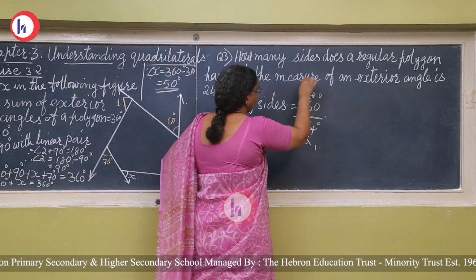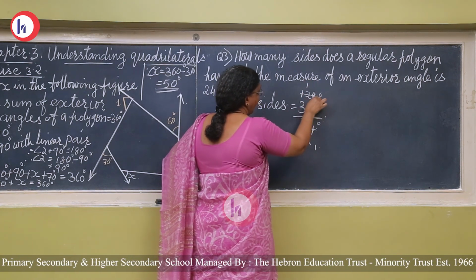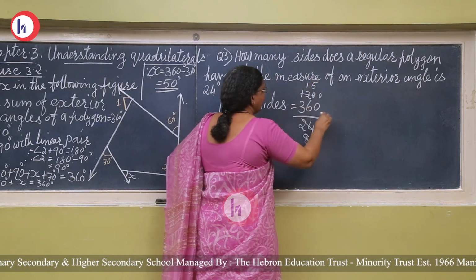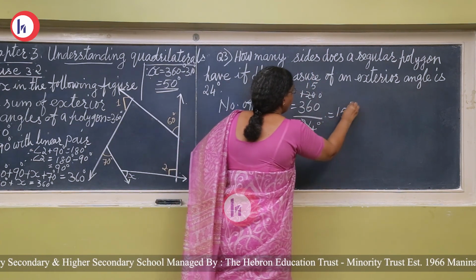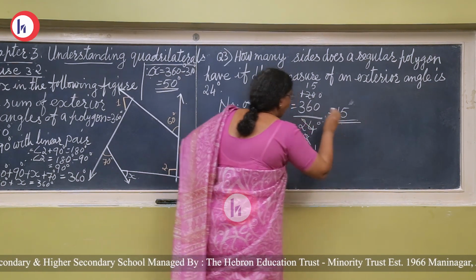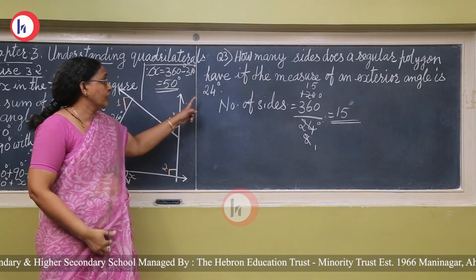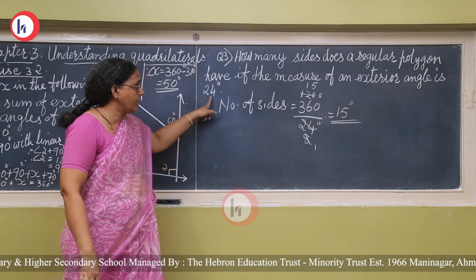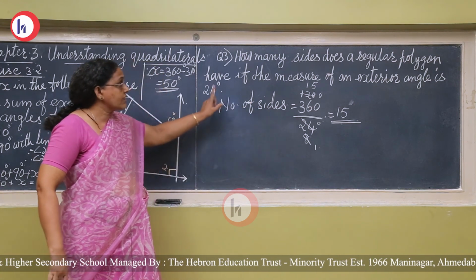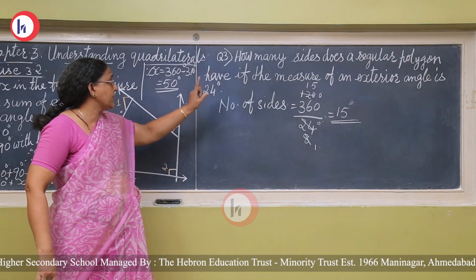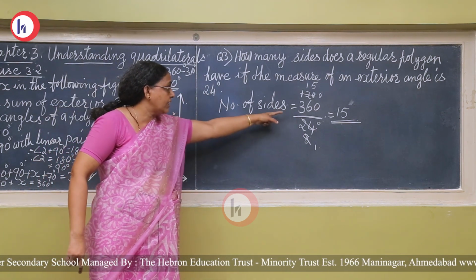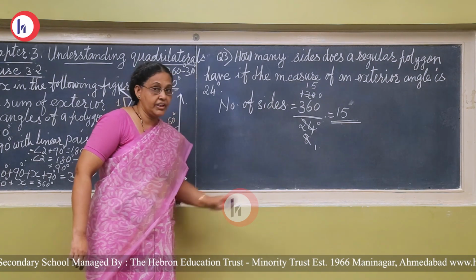One time, here it will be 1, then 40, how many times? 5 eights are 40, so 15. So the number of sides of the polygon which has exterior angle 24 degrees is 15. So how many sides? 15 sides are there in the polygon which has each exterior angle of 24 degrees, because the total measurement we have learned is 360 degrees.